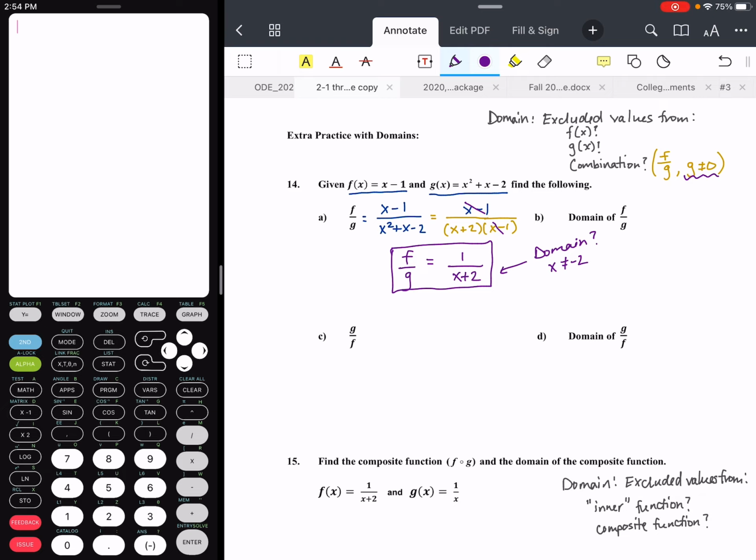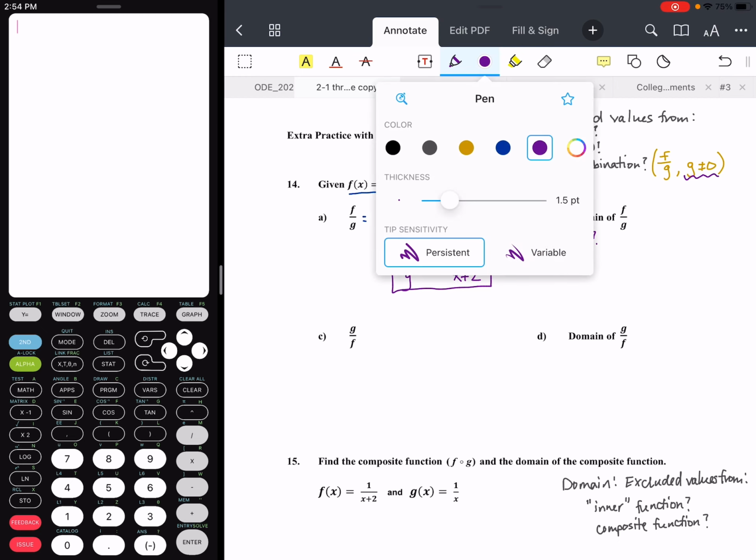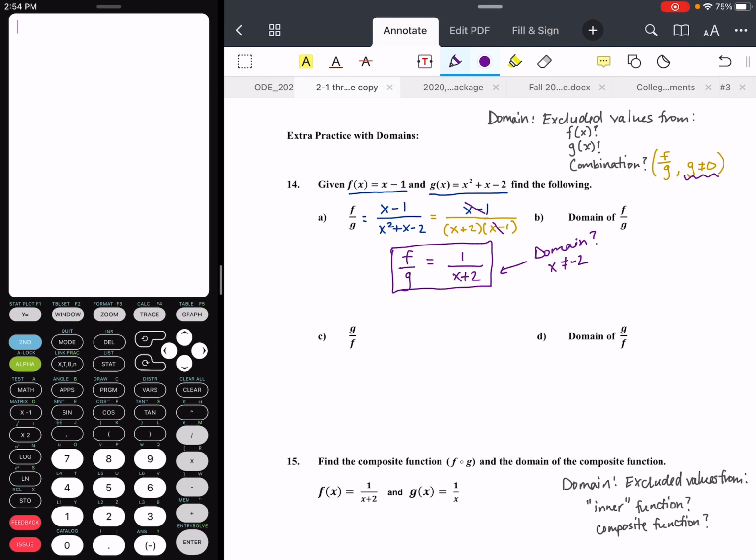Looking at that, but I want to go farther than that. My original denominator, x squared plus x minus 2, cannot equal 0 either. My original denominator had two factors in it, x plus 2 and also x minus 1.